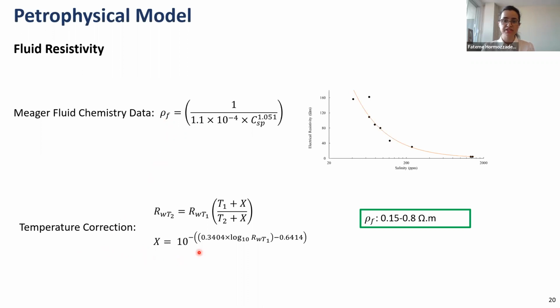So based on the temperature logs in the survey area, we can consider the corrections of electrical resistivity that we can calculate from this equation for the temperatures that we have based on the borehole logs. So using the temperature data and the salinity data, the fluid resistivity of the fluids in the Mount Meager area can be between 0.15 to 0.8 ohm meter.